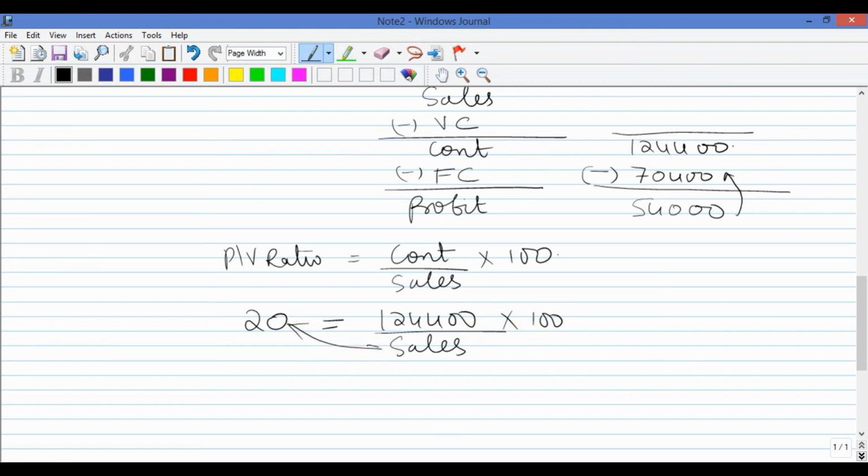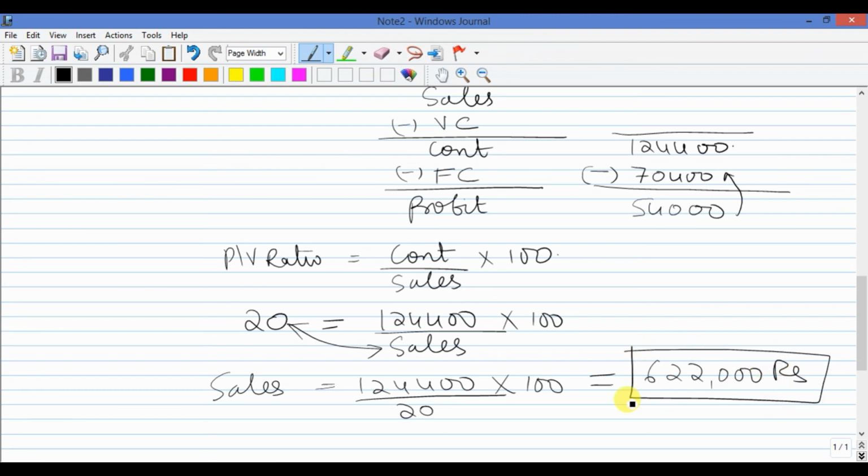Sales will go here, this will come here, so sales is nothing but 124,400 into 100 divided by 20, which is 6,22,000. So this is the sales which they are asking us.